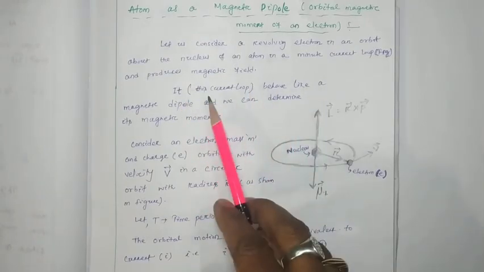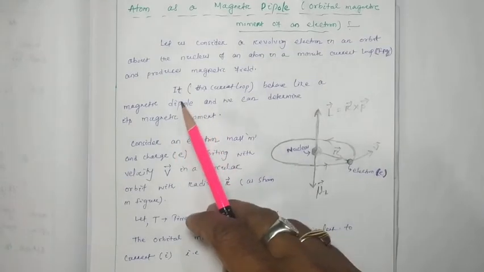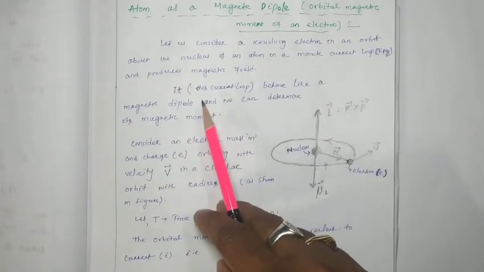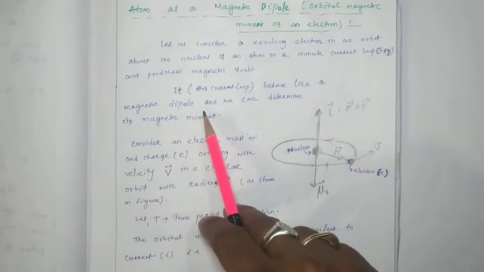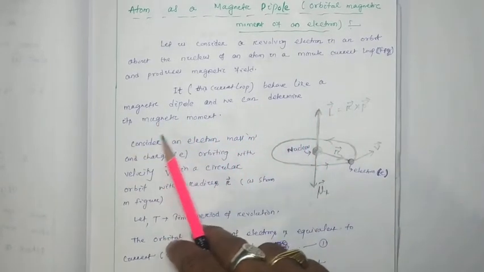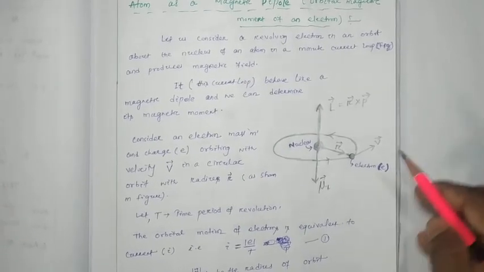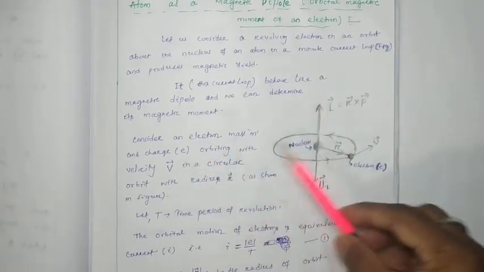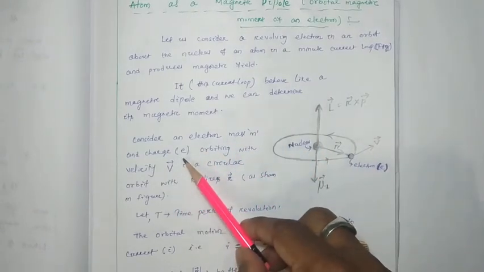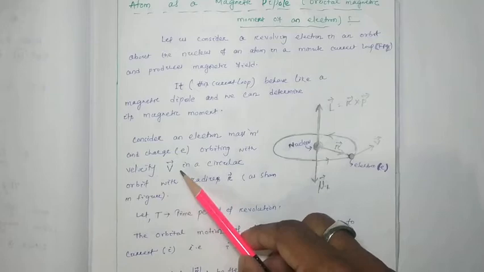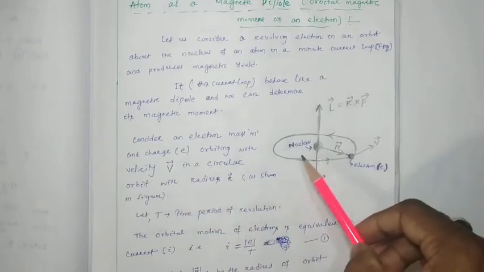This current loop behaves like a magnetic dipole, and we can determine its magnetic moment. For that we consider an electron having mass m and charge e, orbiting with velocity v in a circular orbit of radius r, as shown in the figure.